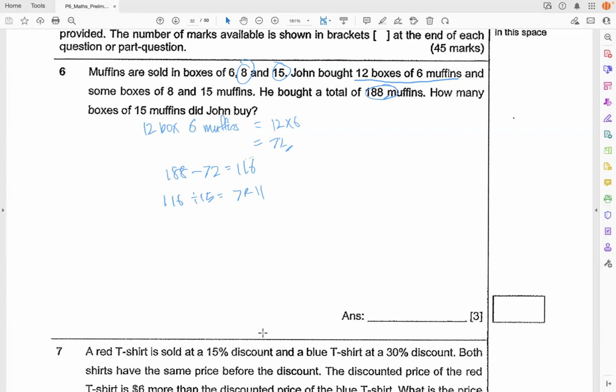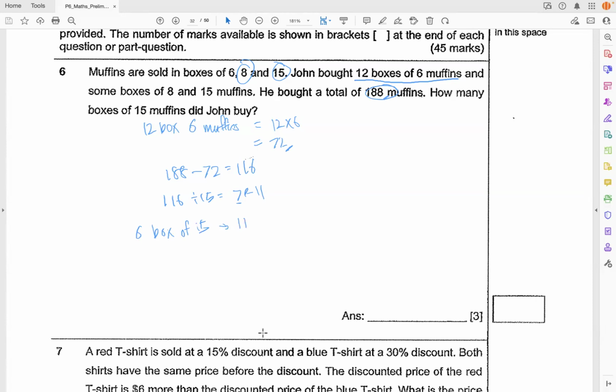What about 6 boxes? 7 is a max for 15, so you go one level down. 6 boxes of 15. You will get 11. Okay.